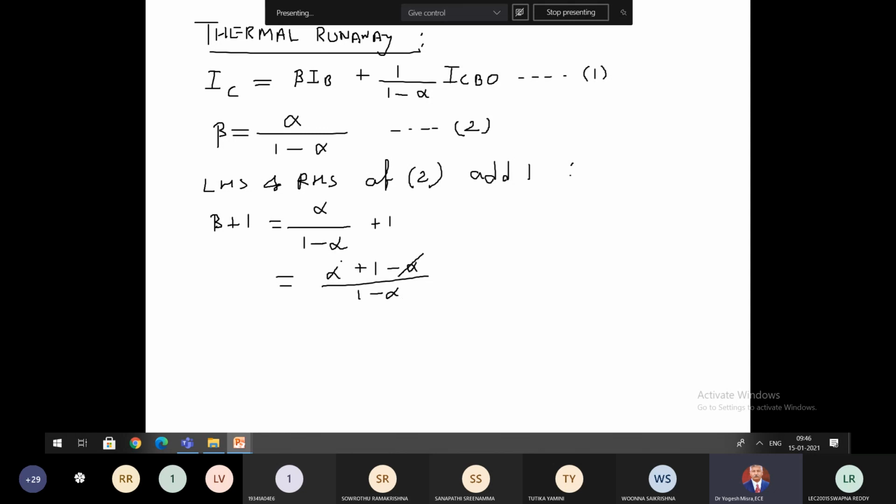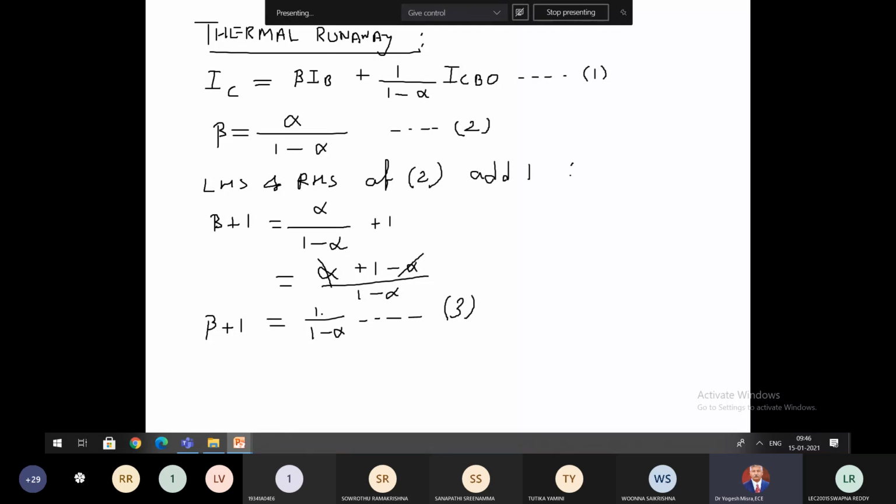So minus alpha and plus alpha will be cancelled out. So what we will get? Beta plus 1 is equal to 1 by 1 minus alpha. I call it as equation number 3.